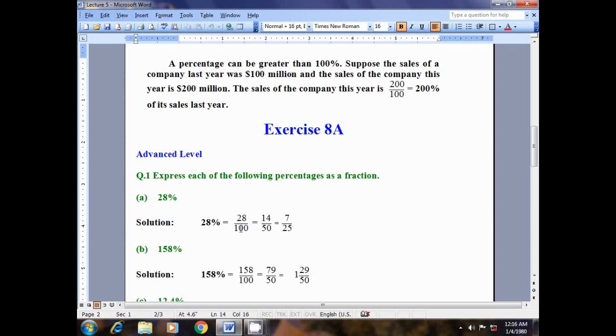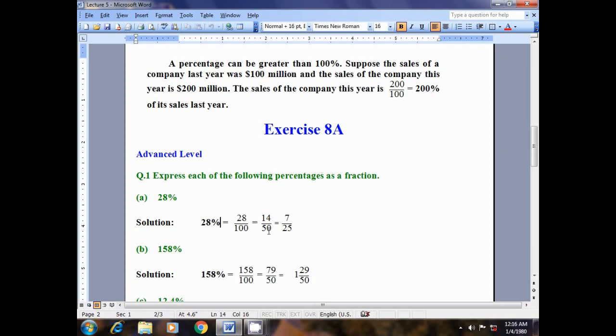Same as 100 can also be divided by 2, which will be equal to 50. If we divide 100 by 2, the quotient will be 50, which means 2 times 5 is 10 and 0 will be written as it is. Let's divide this numerator and denominator further by 2, which means 2 times 7 is 14 and 2 times 25 is 50.